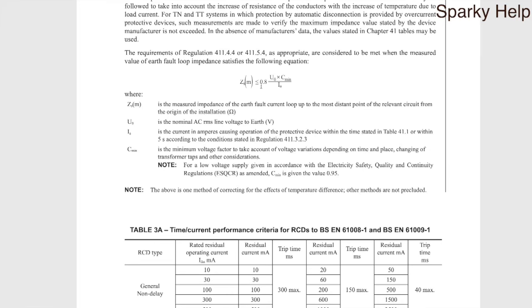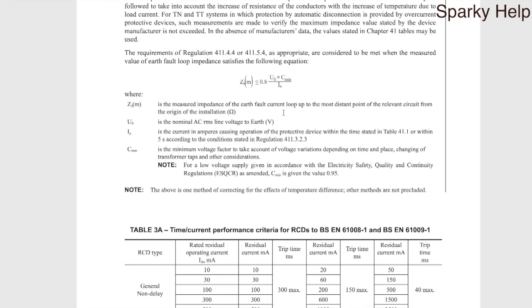So the multiplier they provide is 0.8, and that's where this formula here comes into play. So Zs is less than or equal to 0.8 times Ohm's law ultimately, which is voltage divided by Ia. So remember, that's the bit how they make the Zs, and then they're saying to correct it for temperature, to bring it more realistic, multiply them all by 0.8.